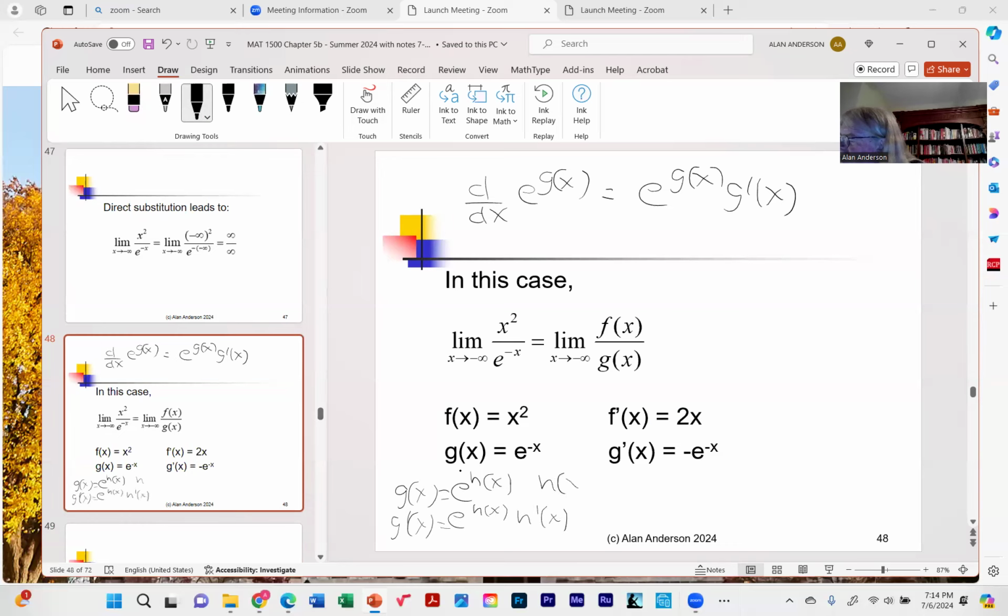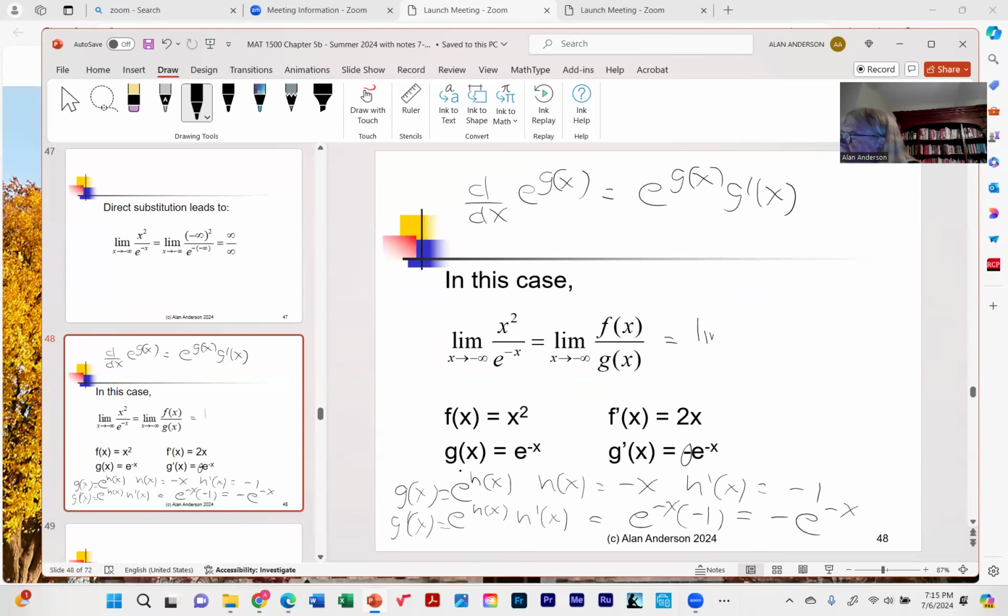So here h of x would be this negative x, and h prime of x would be negative 1. So anyway, consider where they came from then. That means we end up with e to the minus x times negative 1, which is the same thing as minus e to the minus x. Perfect. So these are our two derivatives.